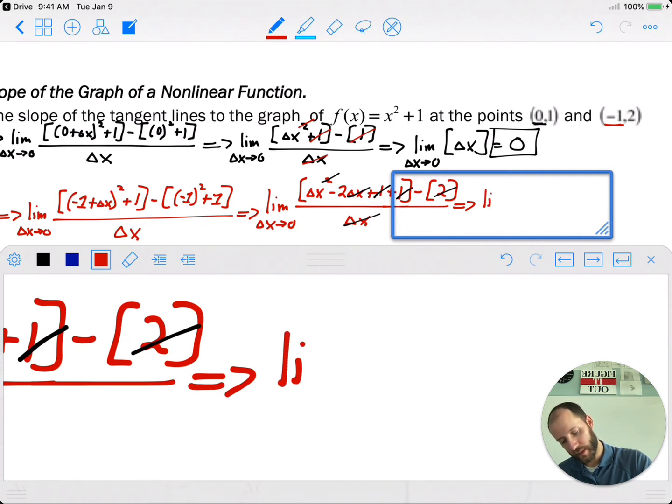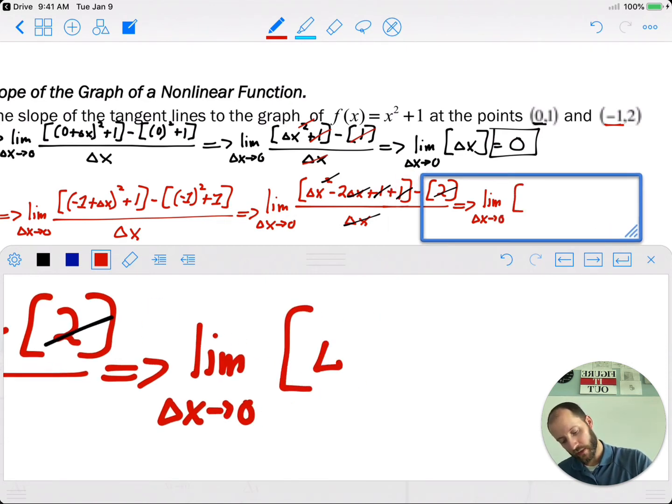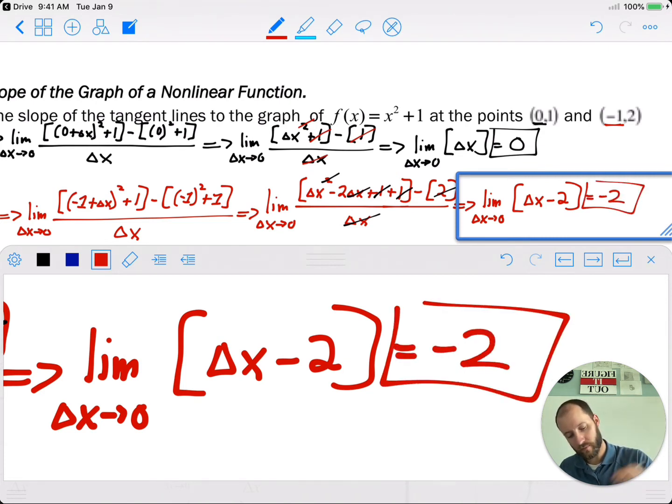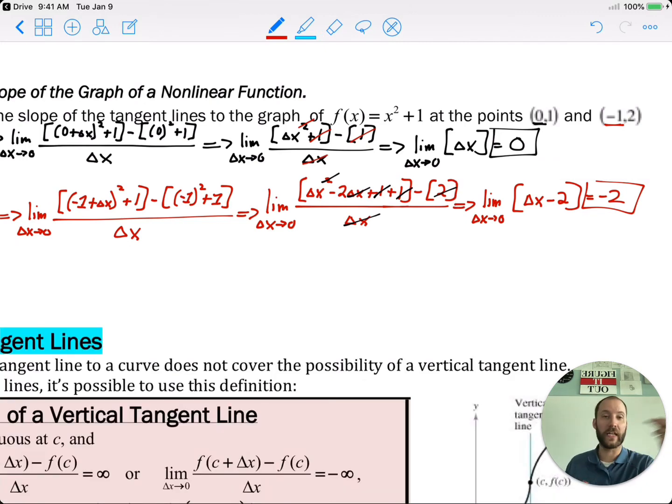So the limit as delta x approaches 0 of delta x minus 2. Go ahead, do your direct substitution. You have -2.